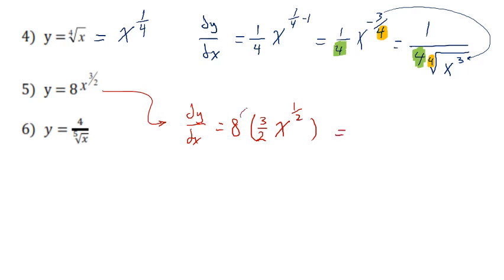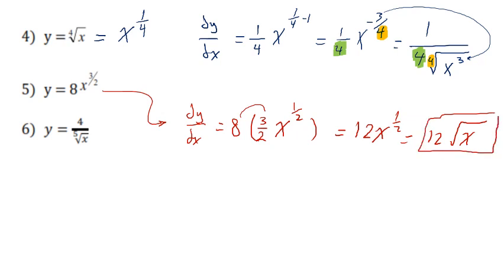Then 8 multiplied by 3 over 2 is 12x to the power of half. Notice that x power half can be written as 12 root of x. From where did I figure out the half? From 3 over 2 minus 1, subtracting 1 from the exponent.